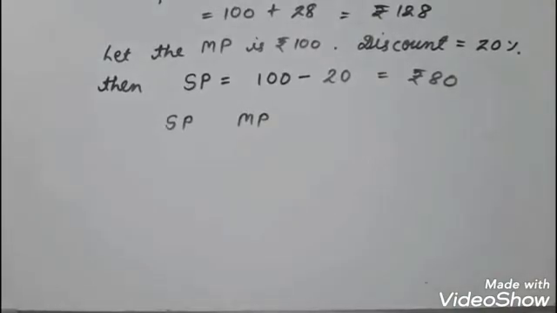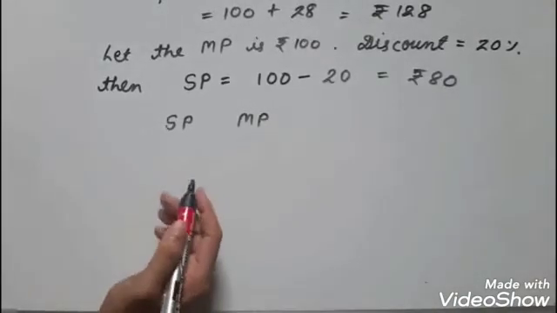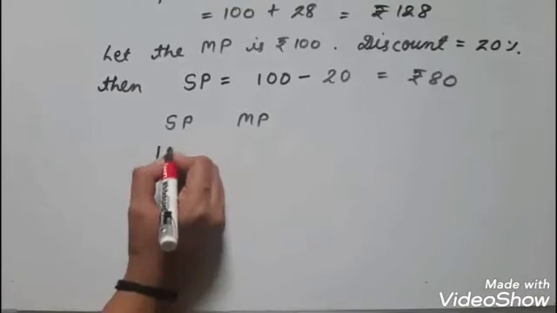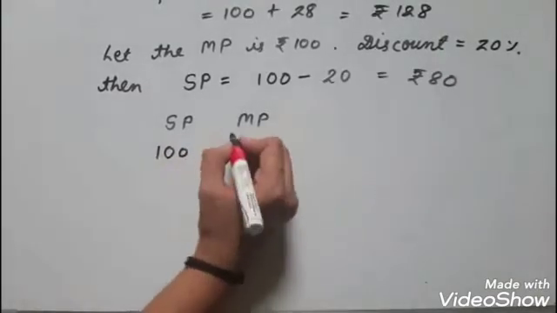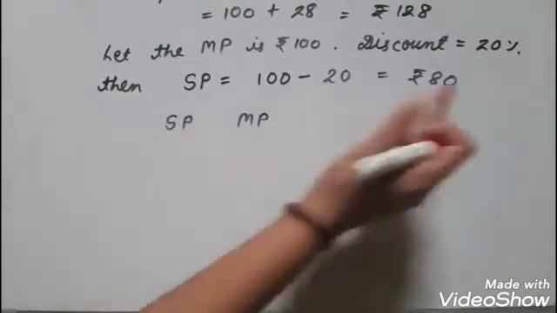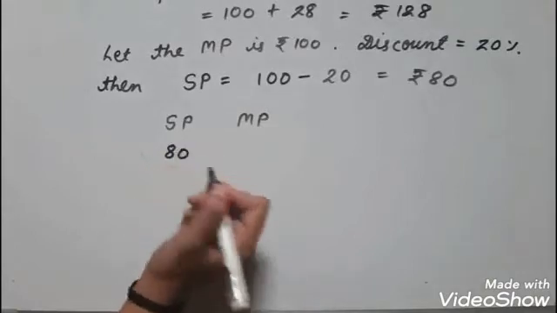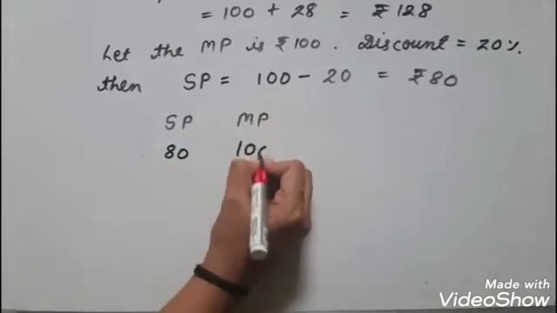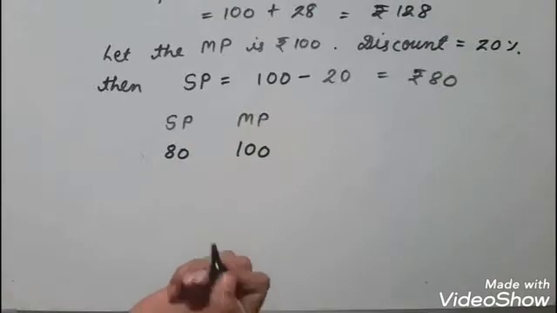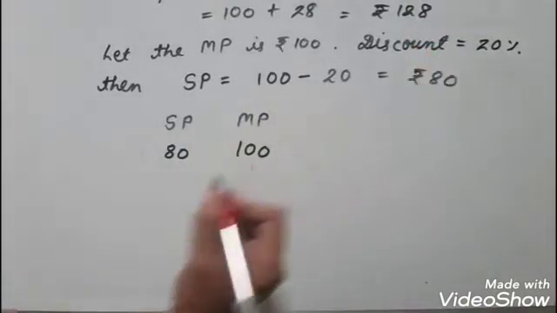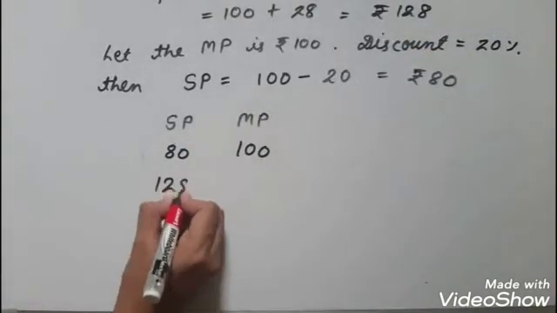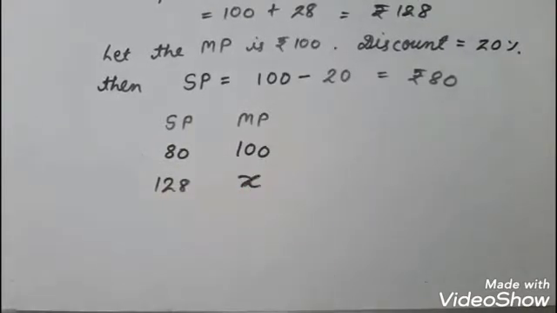Now we are making a table here. When selling price is rupees 80, marked price is rupees 100, and we have one more selling price of rupees 128. So what is the marked price?